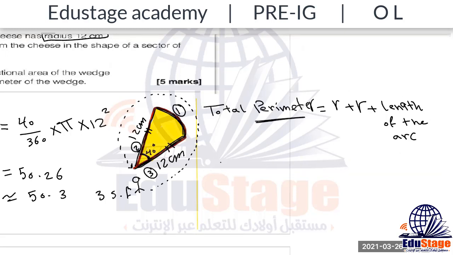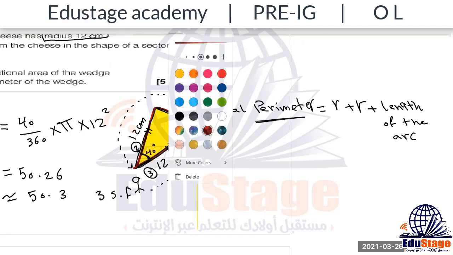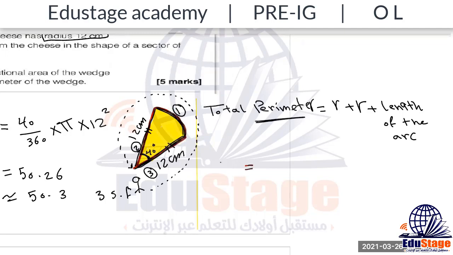It will be 12 plus 12 plus the length of the arc. What is the length of the arc? Theta divided by 360 multiply 2 pi r.